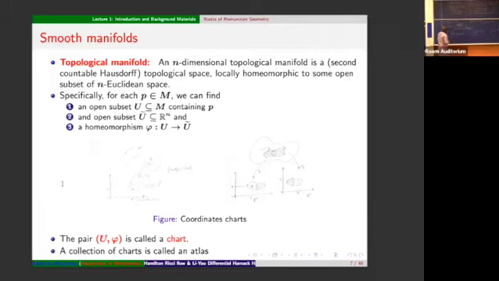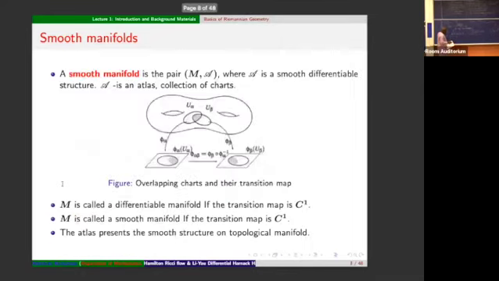Then, if you have overlapping charts, let me draw another one to make the point I want to make here.